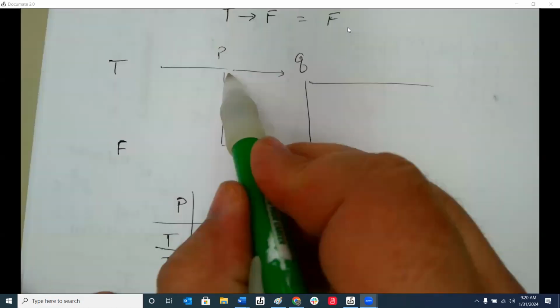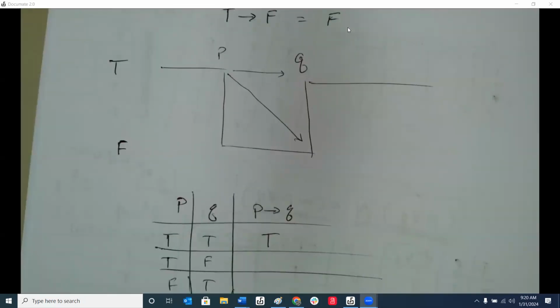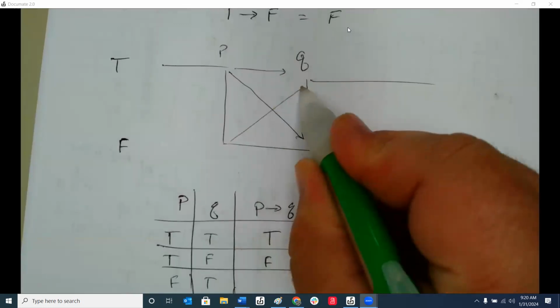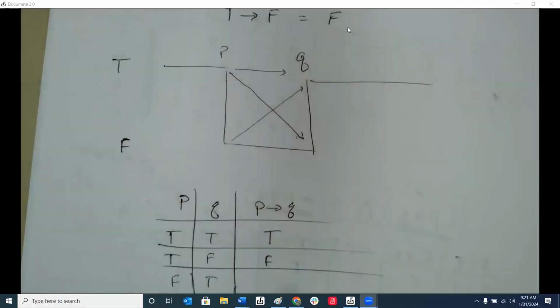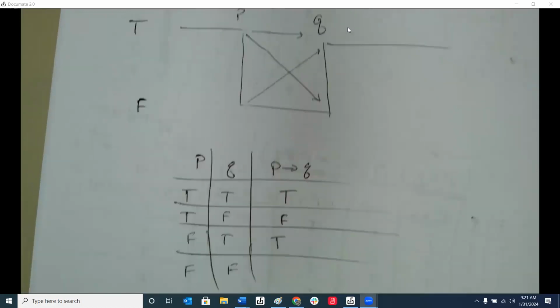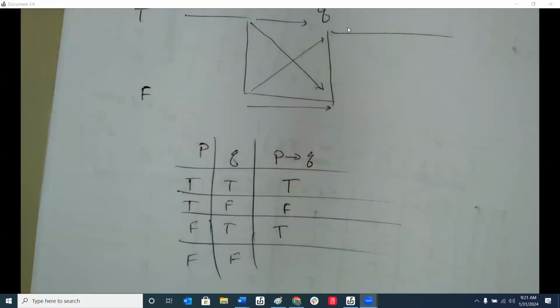How about if you go from P to Q, if you go down, you're losing money. Is that good or bad? So that's a bad. If you're going from false to true, that's good because you're making money. But if you're going from false to false, is that good or bad?